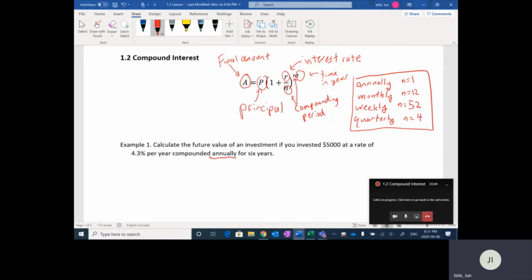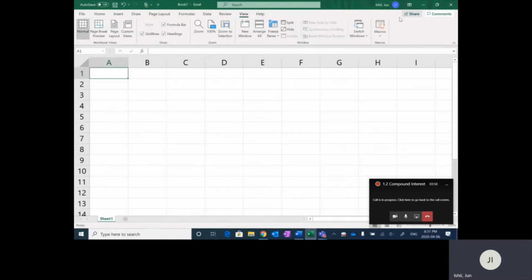Rather than jumping right into the formula, I'm going to pull up an Excel spreadsheet and show you manually how you would figure this out, so that you have a visual of how this process works. We're starting off with 5,000.